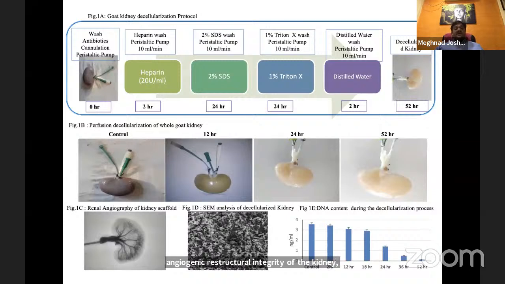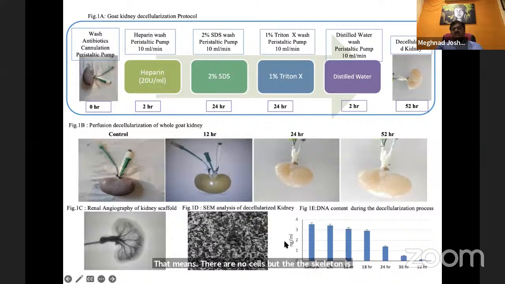So we need to check how the circulation is in the kidney, and we inject a dye, and you can see the angiogram of the kidney, where all the kidney arteries and veins are restored. This is an electron microscopy photograph showing that the extracellular matrix is preserved. That means there are no cells, but the skeleton is well preserved.